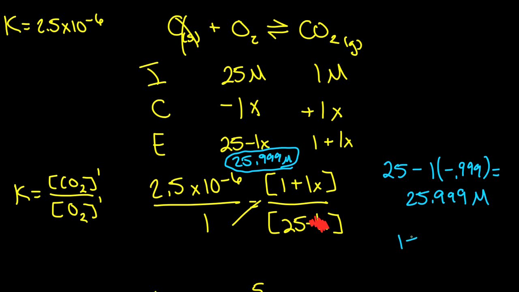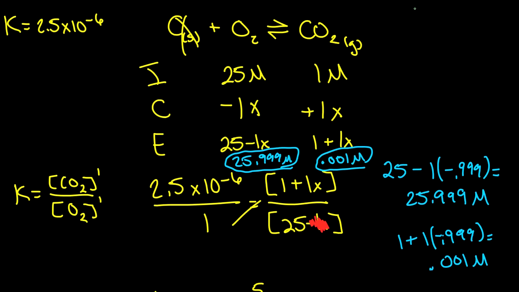So that's 1 plus 1 times x, which is 0.999 negative. And that's going to give us 0.001 molar. So the concentration of CO2 now is going to be 0.001 molar. See, our reactant didn't change a whole lot, but our product did. It almost went away completely.